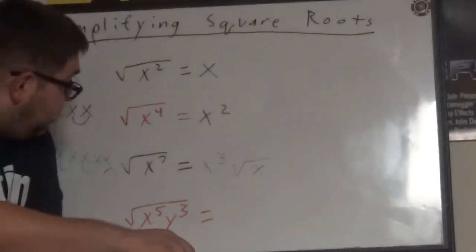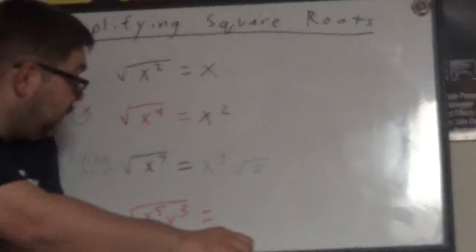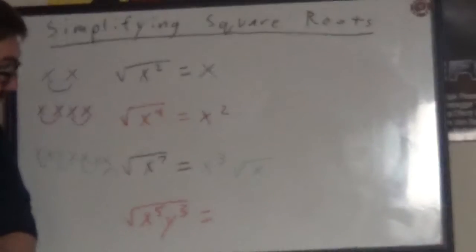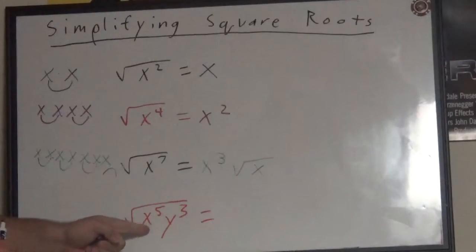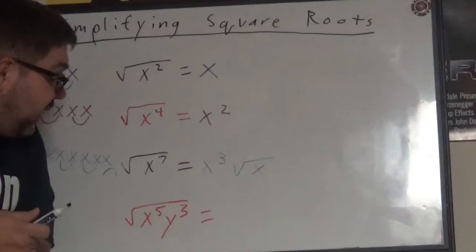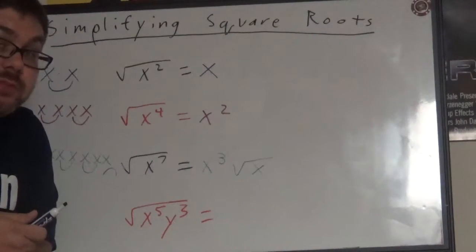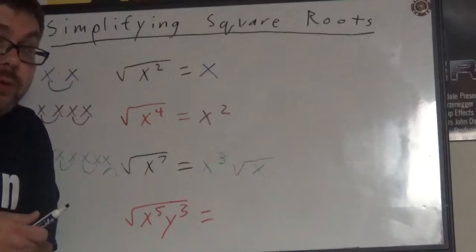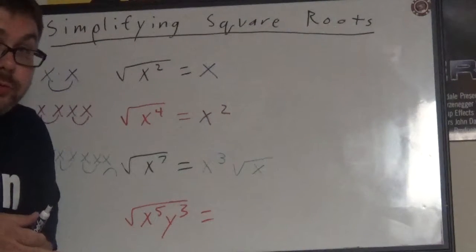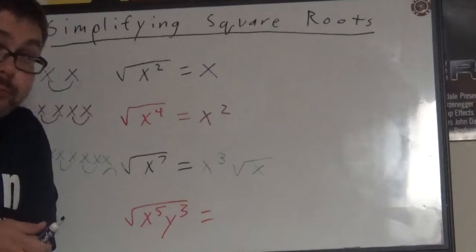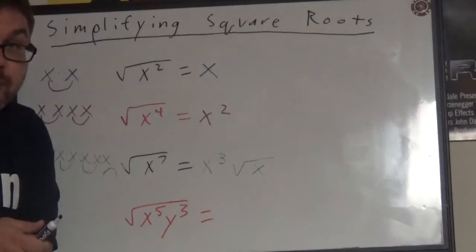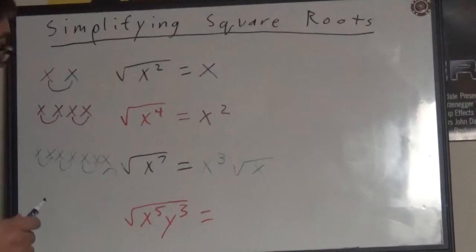Okay, one more. And the last one here is one with two variables: x to the fifth, y to the third. You can probably guess we are not changing anything. Do what we've done so far, we're just going to do it twice. One time for x's, one time for y's.